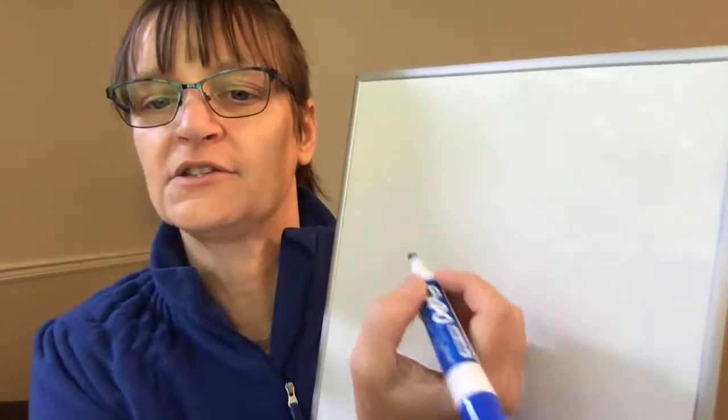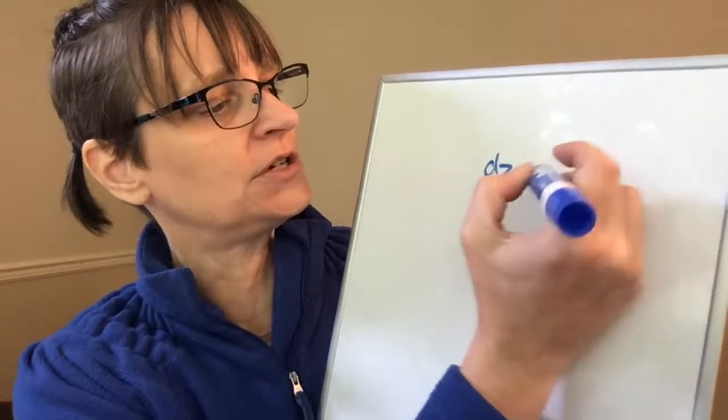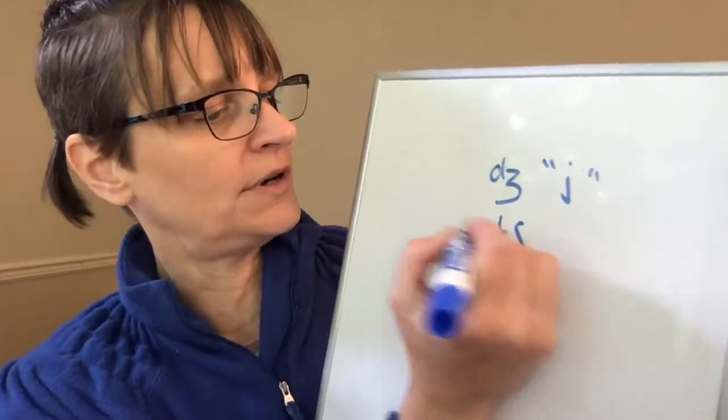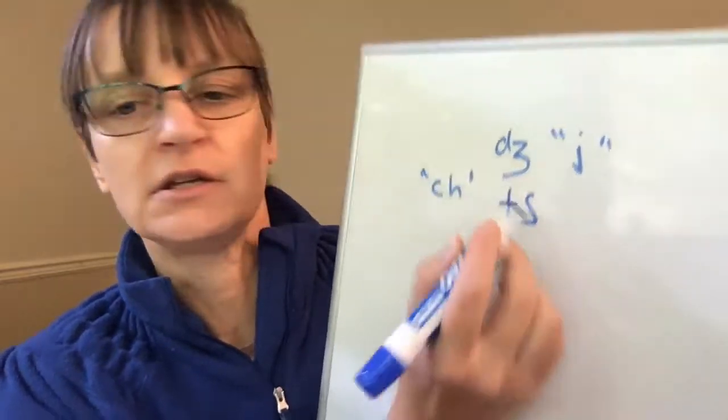Javier wants to know how to pronounce the J in abridge and why it's a voiced J in abridge, but sounds like an unvoiced CH in abridged.